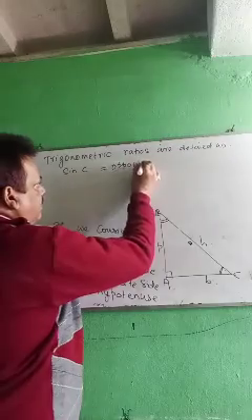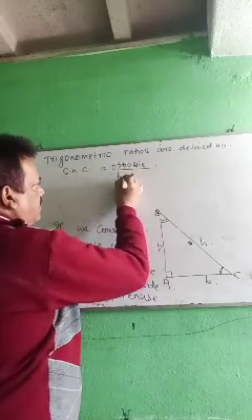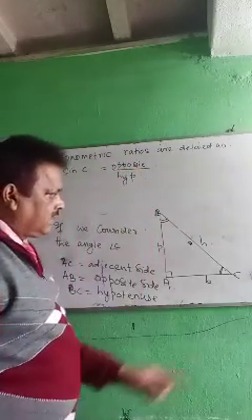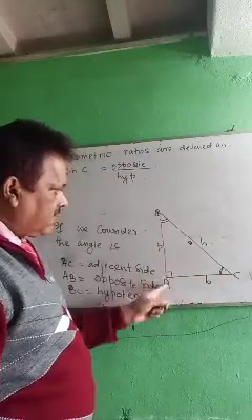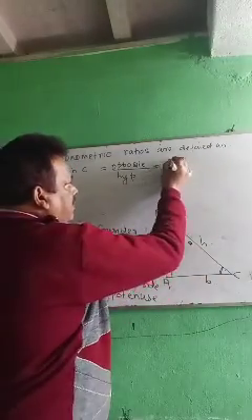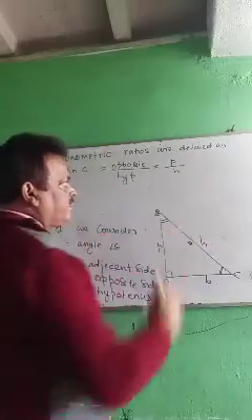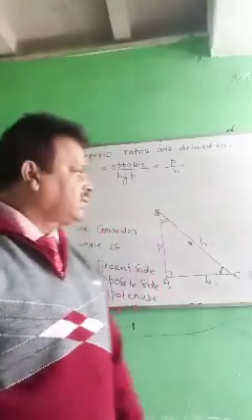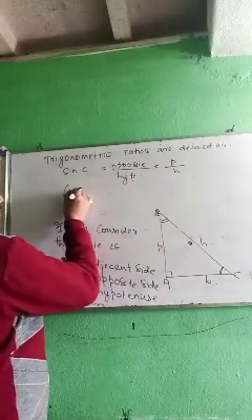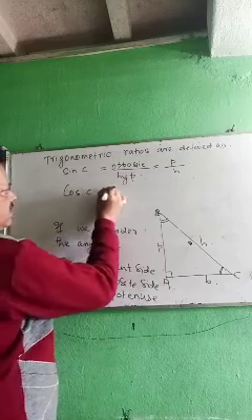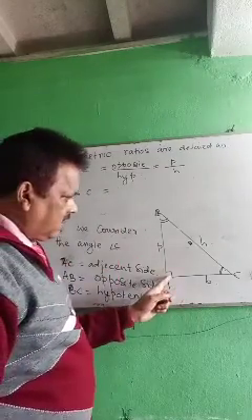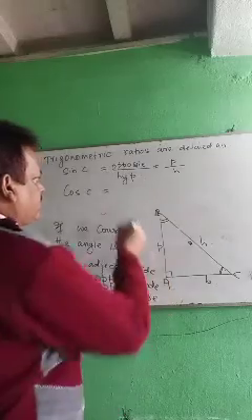Opposite by hypotenuse. So opposite means perpendicular. So formula will be P by H. Cos C, cosine of the angle C, that is adjacent by hypotenuse.